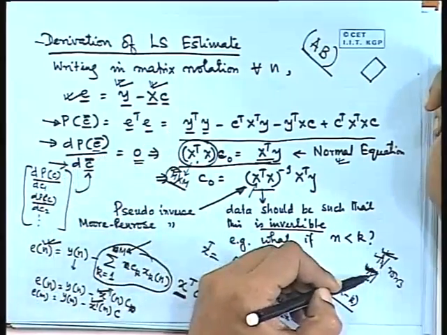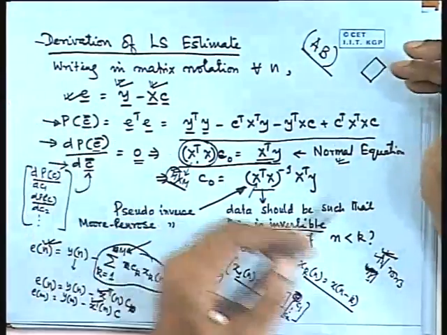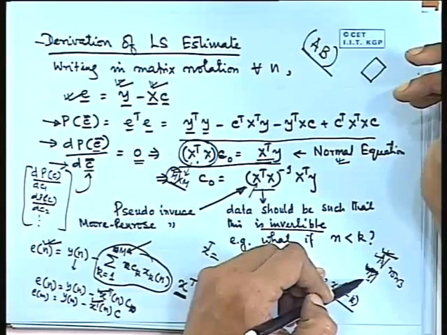If N is less than M, no question of being invertible. Even if N is greater than M, it may or may not be invertible. So you should choose such data points such that it is invertible. Otherwise, there is no solution, right?